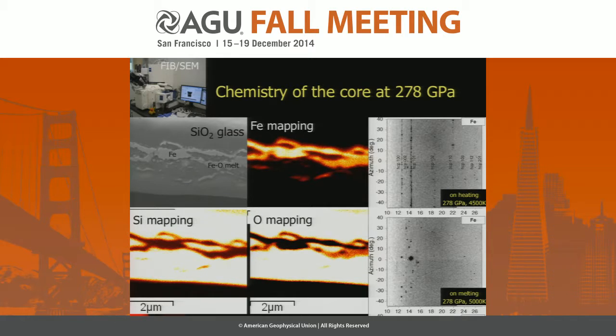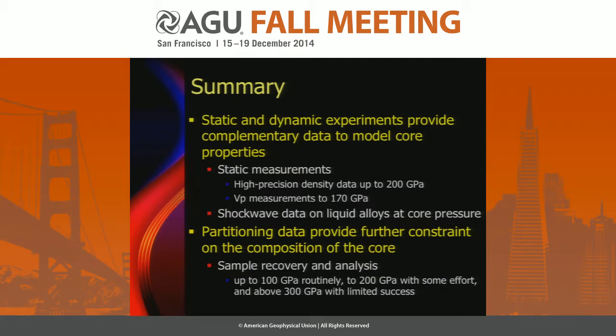In the next few months and years, we are really going to produce lots of data and look at detailed recovered sample textures and equilibrium at different PT conditions, and ideally be able to generate binary and multi-component system phase diagrams at different pressures, ultimately to 330 GPa.